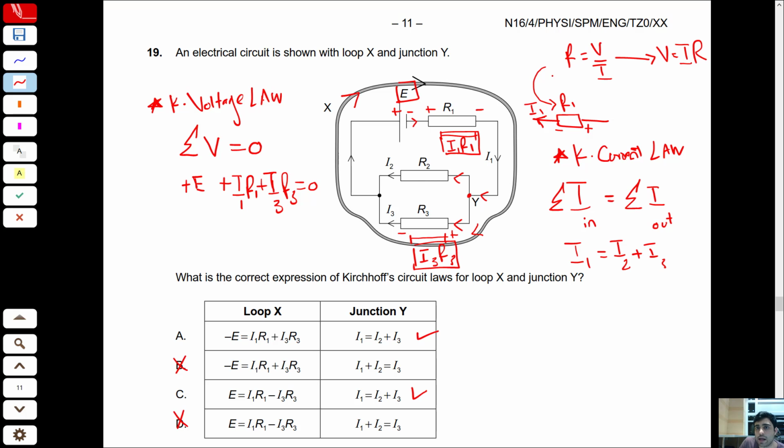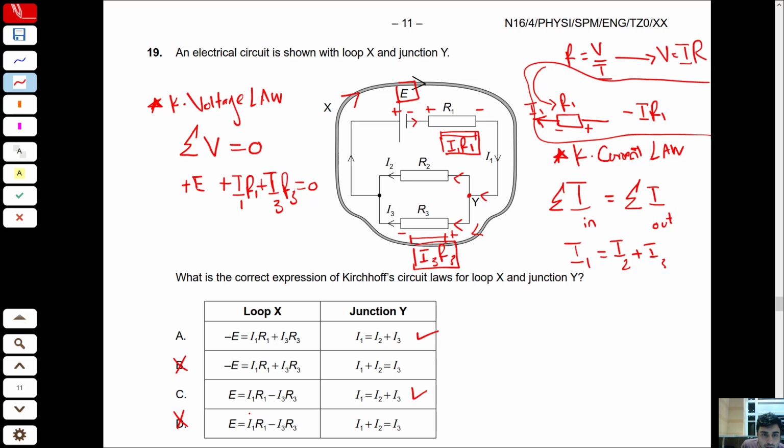In that case, since the arrow of the loop touches the negative terminal of the resistor first, the voltage that is to be added must be negative I1 R1. So this is just for your understanding purposes. Okay. So this time, the arrow of the loop is touching the positive sides of the terminals first, so we are just using all the positive voltages.